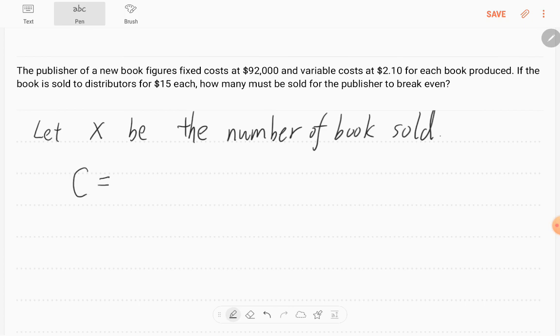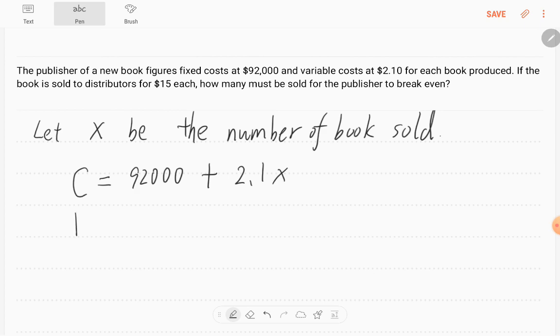The cost is equal to 92,000, this is the fixed cost, plus the variable cost, which is 2.1 times X. So this is the variable cost, right? 2.1 for each book. So we sold X books, okay? So this is the cost for the publisher if we sold X books.